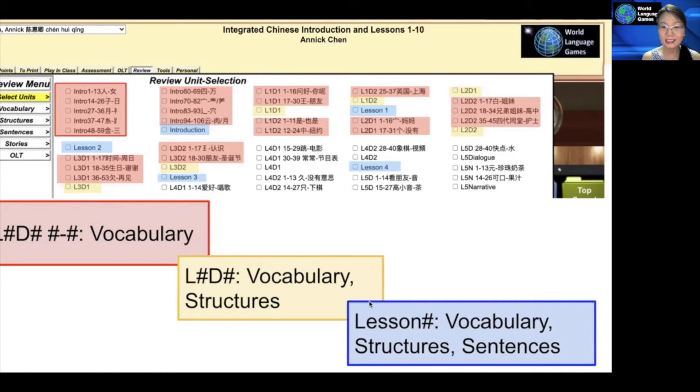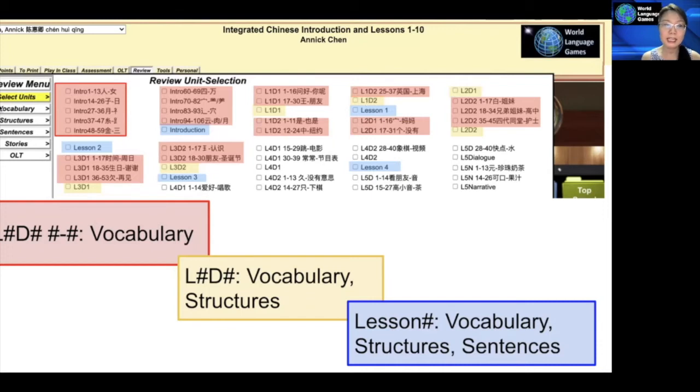And then the blue part, if you select blue part, is my biggest concept in this. So it is by lessons. So if you select lesson 1 right here, that means you will be able to practice all of the lesson 1 dialogue 1 and all of the lesson 1 dialogue 2 vocabulary.